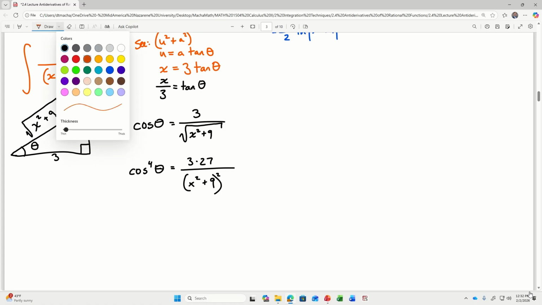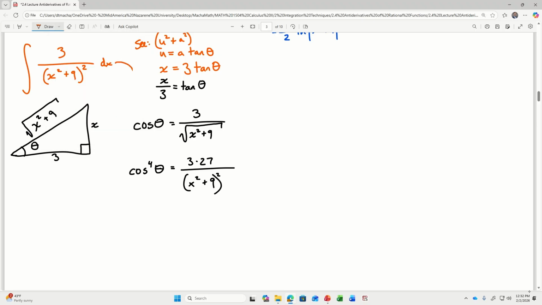So now we can write this as the antiderivative of cosine to the 4th power theta dx. But I also have this 27, and that means I need to divide by 27, right? Because my integrand is just 3 divided by (x squared plus 9) squared, not the times 27 part.